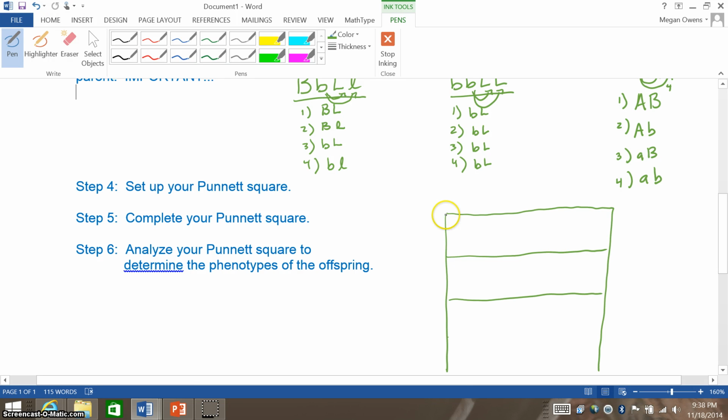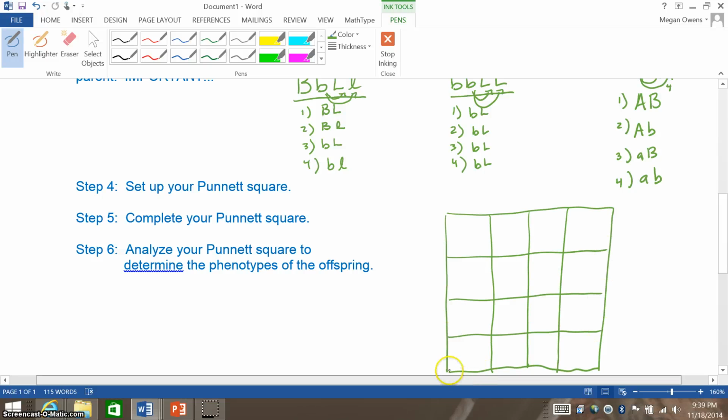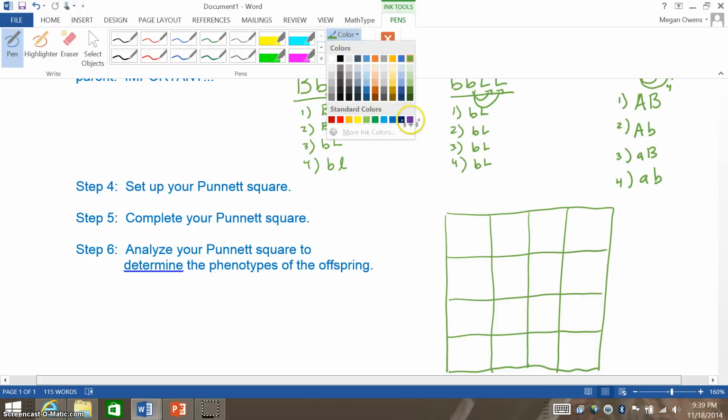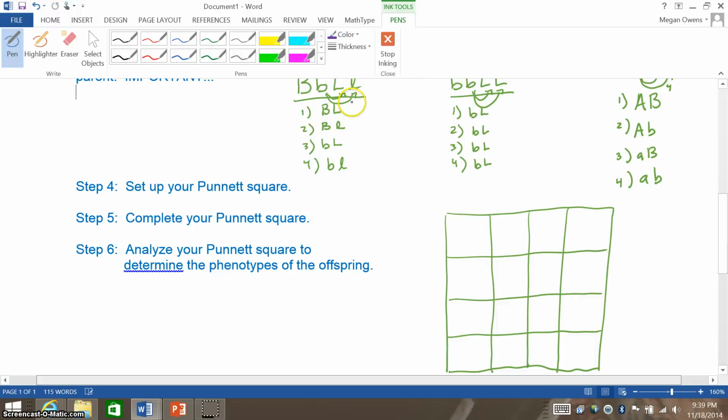One, 2, 3, 4 rows. 1, 2, 3, 4 columns. The first thing I'm going to do is take this parent and its possible allele combinations and put them down the side.